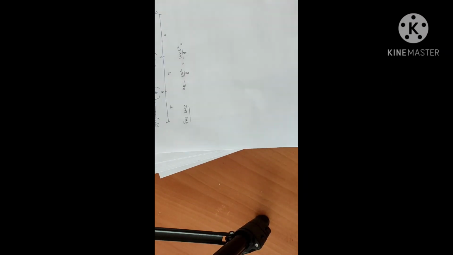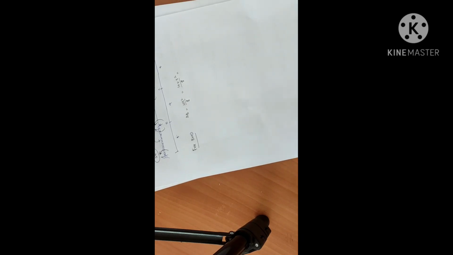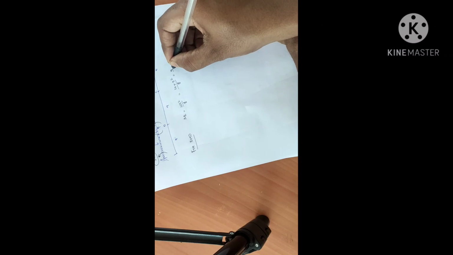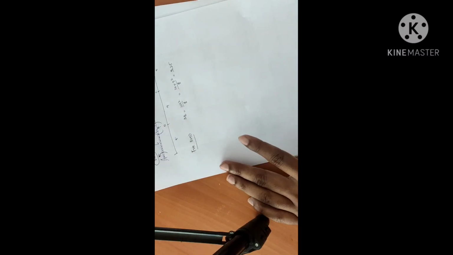So your free BMD for the AB member, calculate in your calculator and check, will be somewhere around or exactly 31.25.